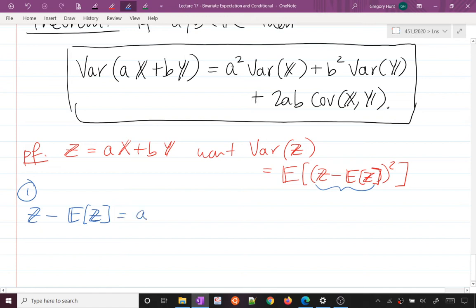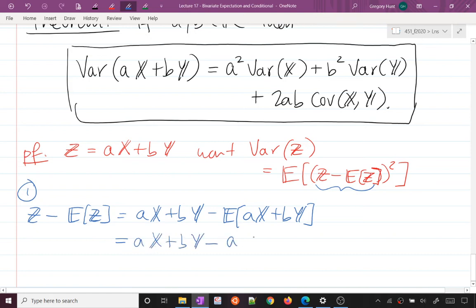This is ax plus by minus the expected value of ax plus by. However, we know expected value is linear. So this is ax plus by minus a expected value of x, minus, gotta distribute my minus sign, b expected value of y.